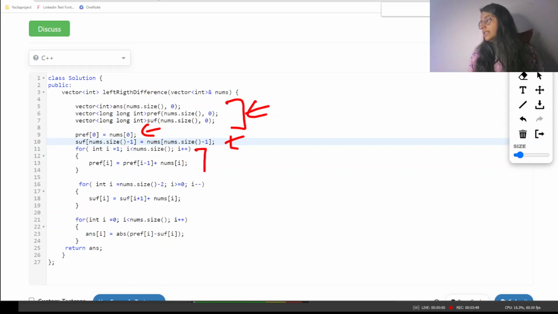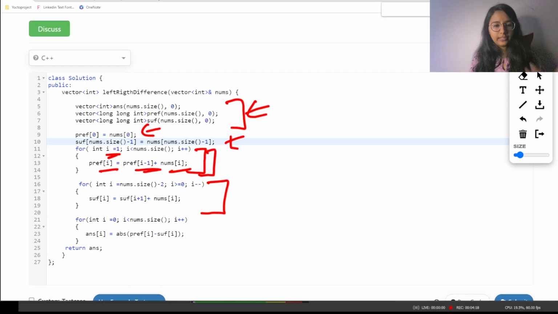Now I would be starting from i equals 1, because at prefix[0] I've already filled my required element. So for that first index, prefix[1] would be equal to whatever was stored at the previous index, that is 0, plus whatever element is presently in my nums. Like this I will be moving ahead for other indices, filling up my prefix array.